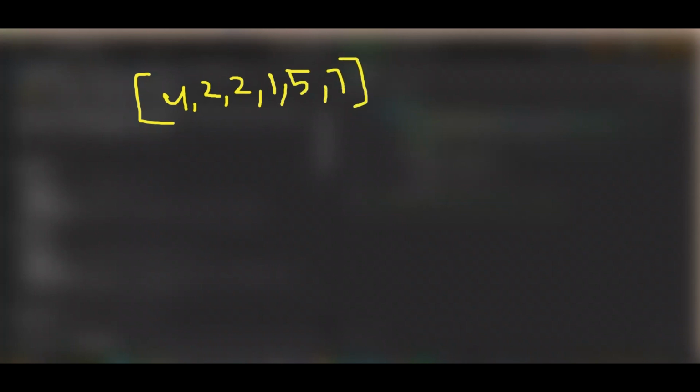Let's see it. Let's take an example: 2, 2, 1, 5 and 7. We'll write it as the array, and let's write the frequencies as 1, 2, 1, 1 and 1.